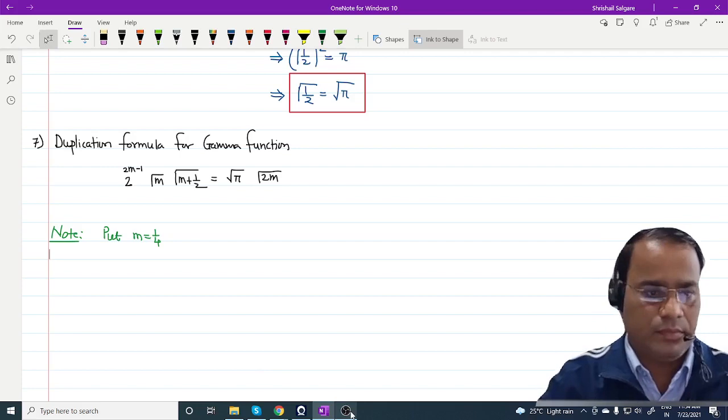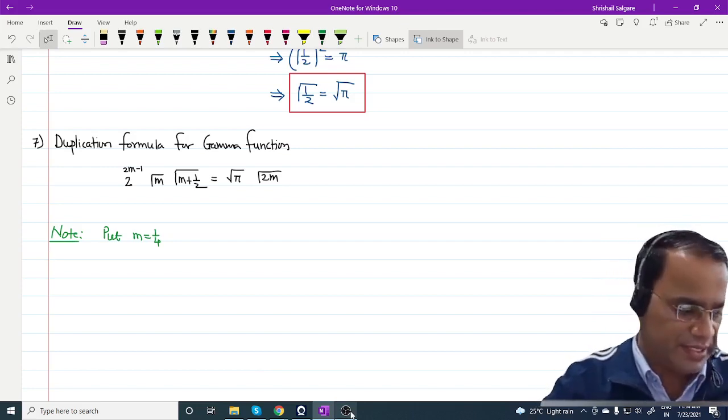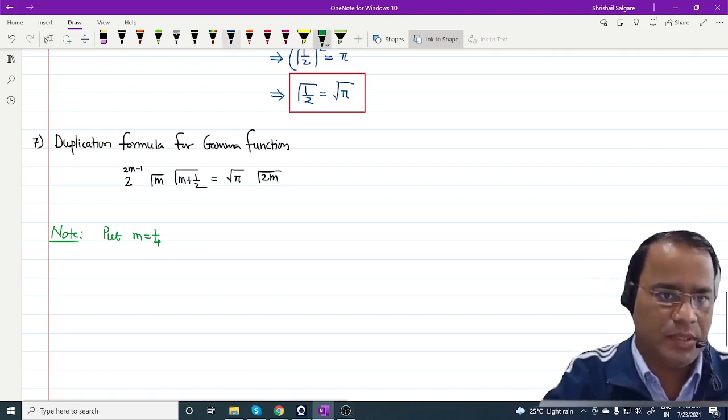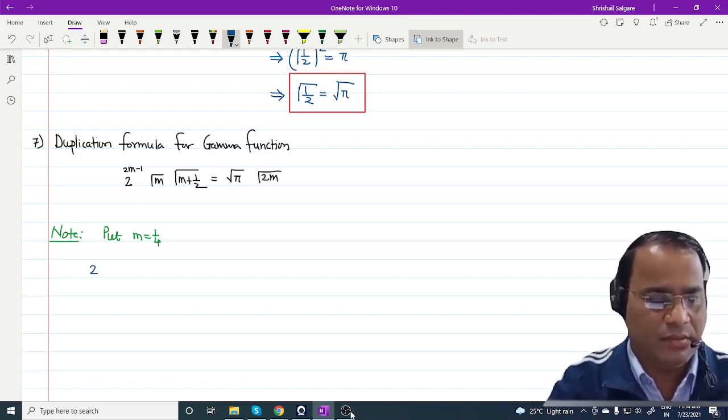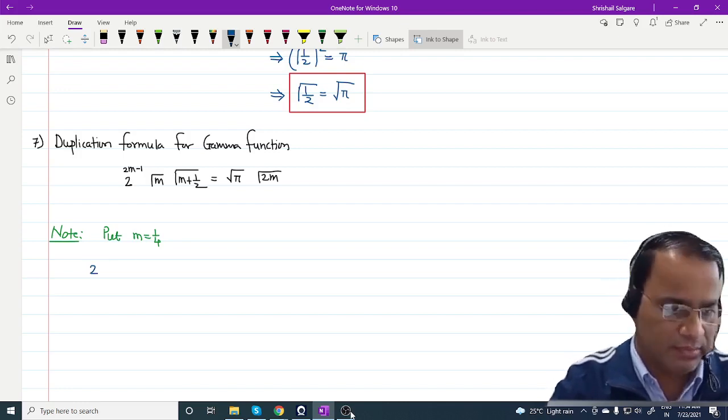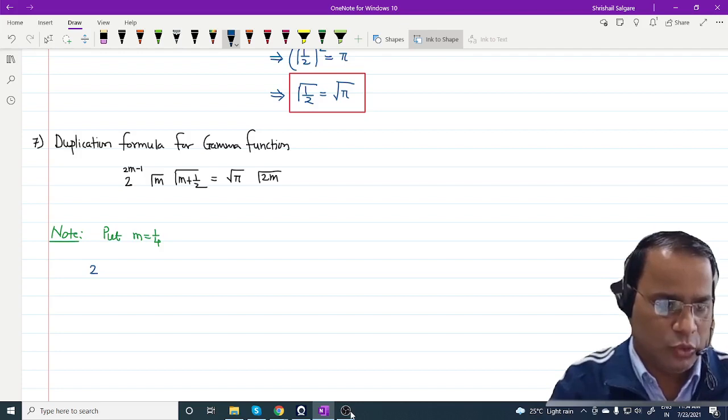Suppose we simplify it. Then what will come? It is 2 raised to, at least tell me the power, that simplification. What is 2m minus 1? 2m is 1 by 2, minus 1. What is the value? Minus 1 by 2. Yes.